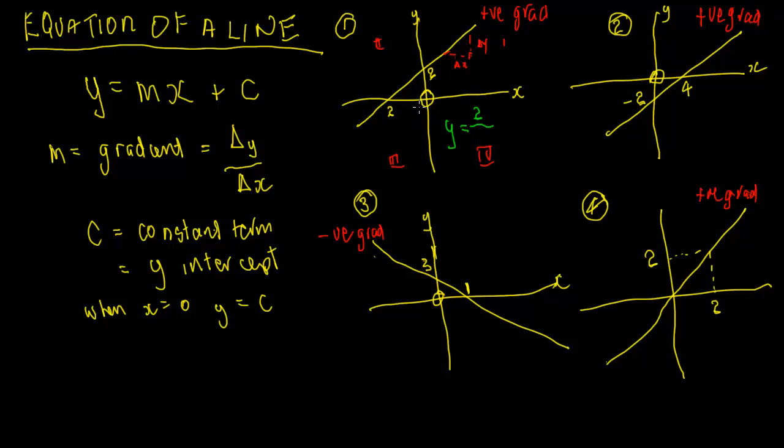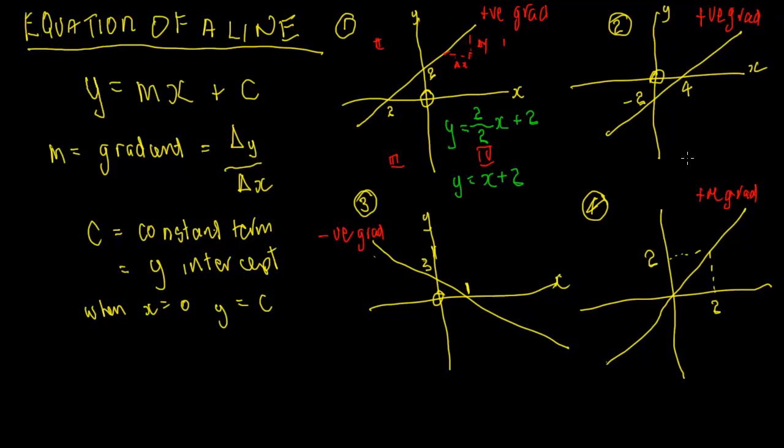We don't need to worry about whether it's negative or positive in these terms, because we've already worked out that it's a positive gradient because of the direction that it's going. So that's mx, and our y-intercept is 2. So the equation of that line is y equals x plus 2, because there the 2 over 2 is 1.